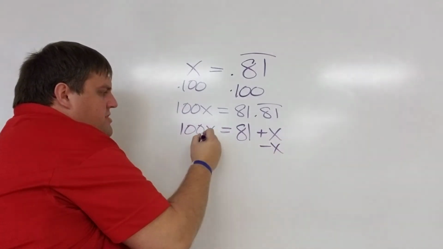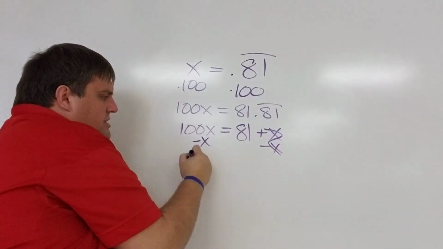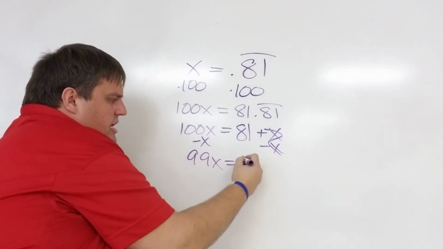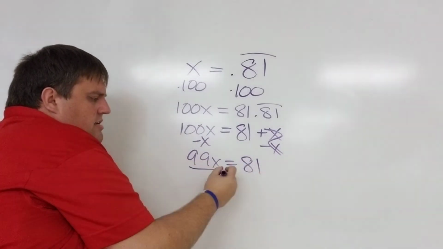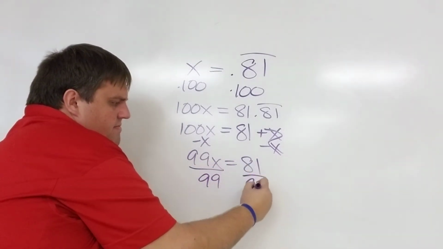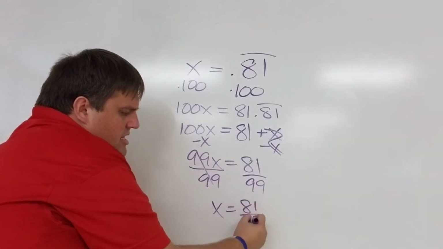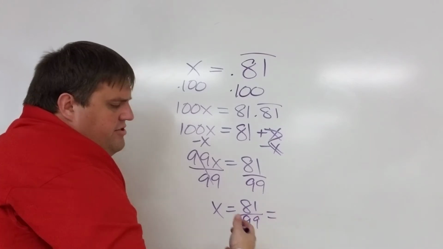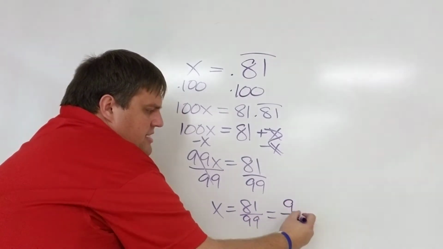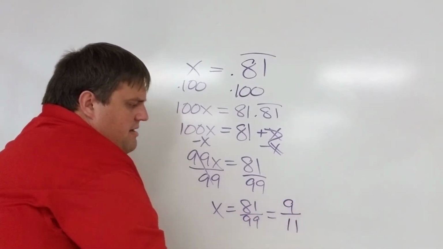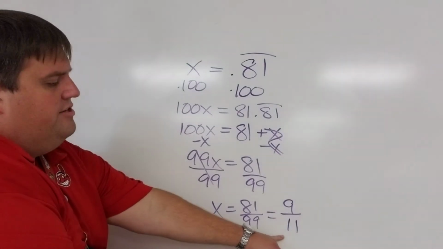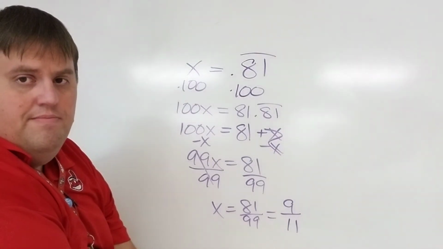Subtract 1x from both sides. That's going to give you 99x equals 81. Divide by 99. And there's your fraction. And it looks like 9 goes into both of those. 9 goes into 81 9 times. 9 goes into 99 11 times. So your final answer is going to be 9/11.